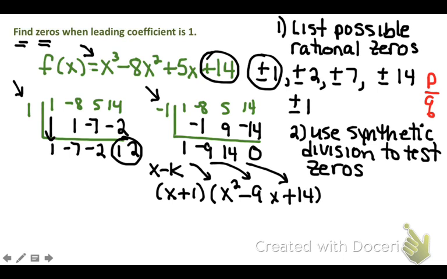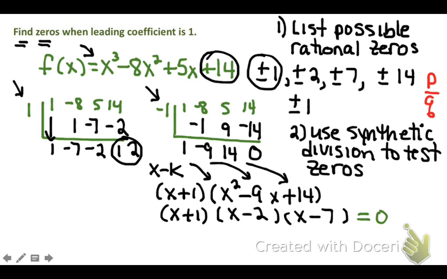We can easily factor a little bit more, so we bring down the x plus 1, 2 sets of parentheses, x minus 2, x minus 7. Negative 7, negative 2 is a positive 14. If we add them, we get the negative 9. Using our zero product property, we can see that x will be equal to negative 1, 2, and 7.